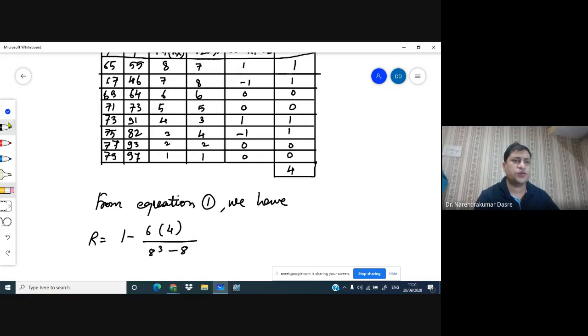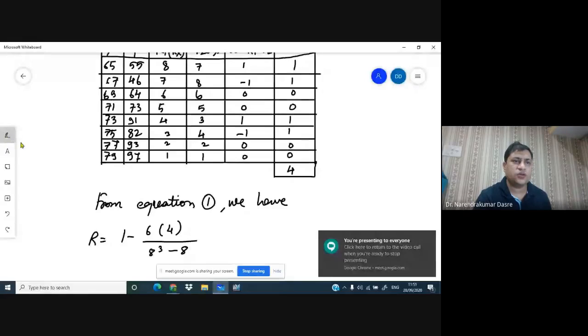Okay, so that's what we have. Now, you tell me what the calculation is and what is the value of capital R. Okay, most of you are getting it.